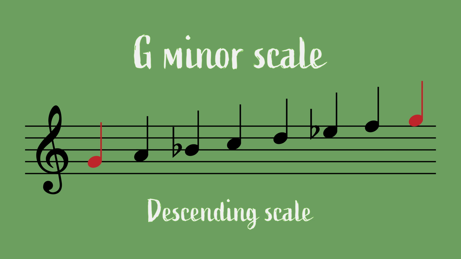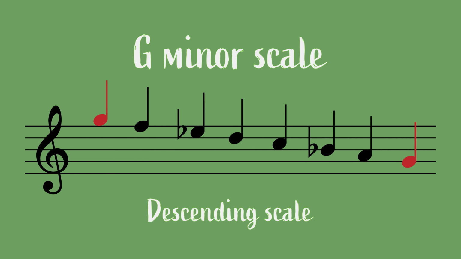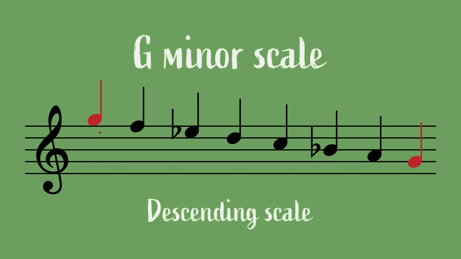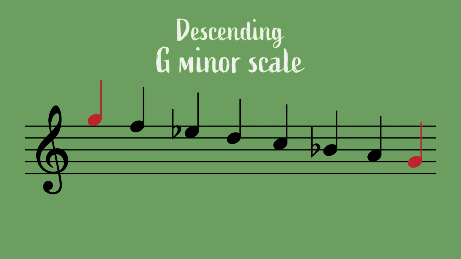A descending scale is the opposite. We take exactly the same notes, but this time we start from the highest note down to the lowest one. And that's it, you got yourself a descending G minor scale. Nothing more complicated.